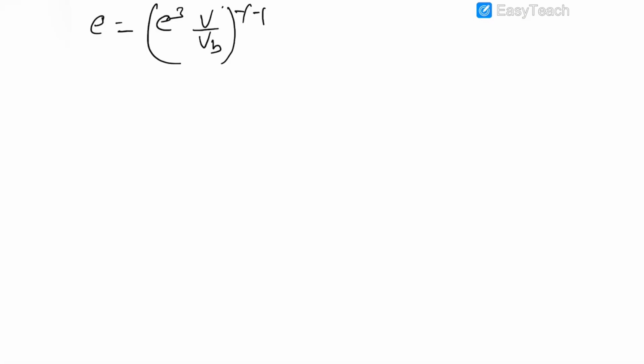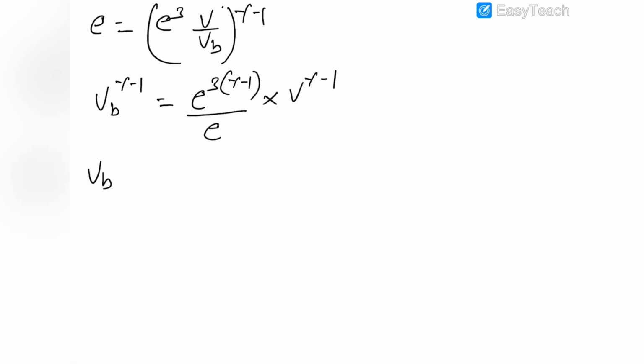Now you can see that Vb to the power gamma minus 1 is equal to e to the power 3 into gamma minus 1, multiplied by V to the power gamma minus 1, divided by this e. So Vb is equal to e to the power 3 gamma minus 4 divided by gamma minus 1, multiplied by V.